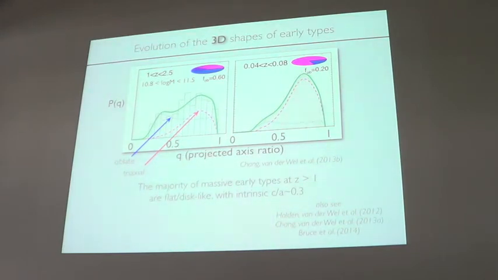Our first try is a single triaxial population, and we have 4 free parameters in that model: ellipticity, triaxiality, and Gaussian scatter on both. We make mock populations and compare them with the observed axis ratio distribution.